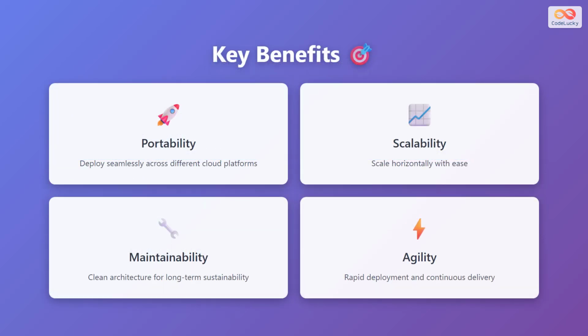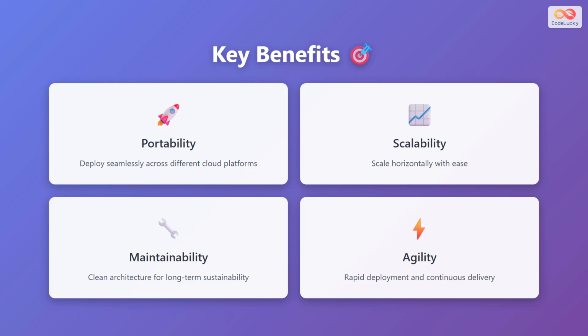Following the 12-factor app methodology provides significant benefits for your applications and teams. First, you gain portability. Your applications can deploy seamlessly across different cloud platforms without vendor lock-in. Second, you achieve scalability. Applications can scale horizontally with ease by adding more instances rather than upgrading hardware. Third, you improve maintainability.